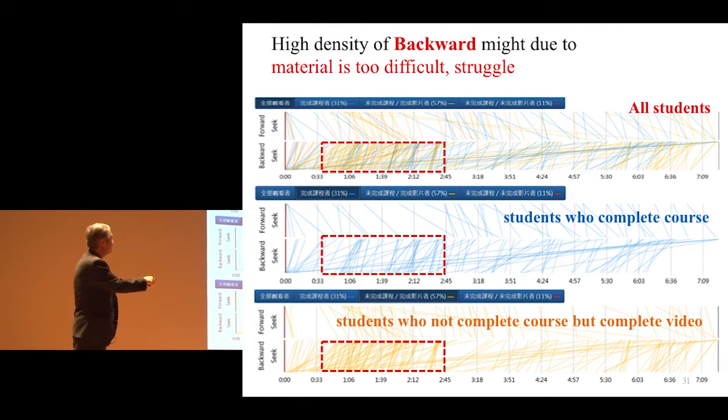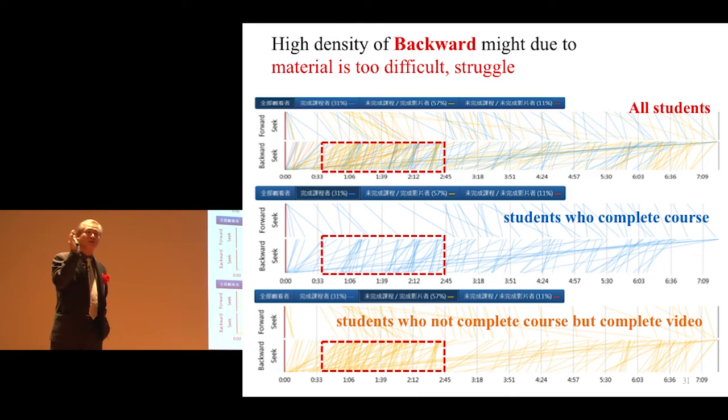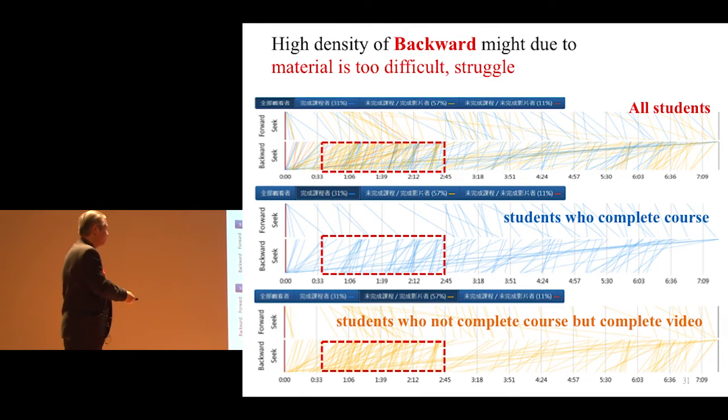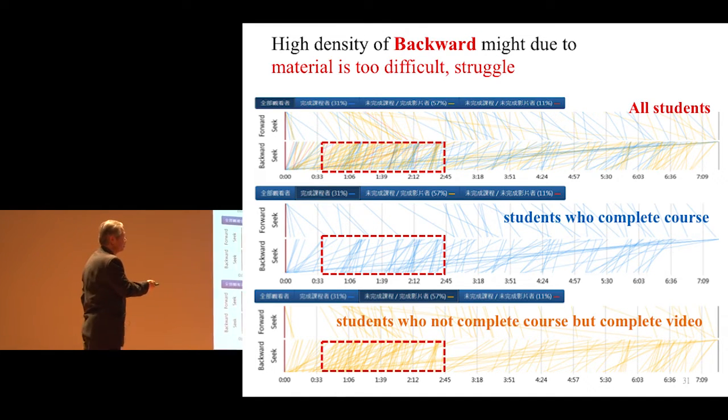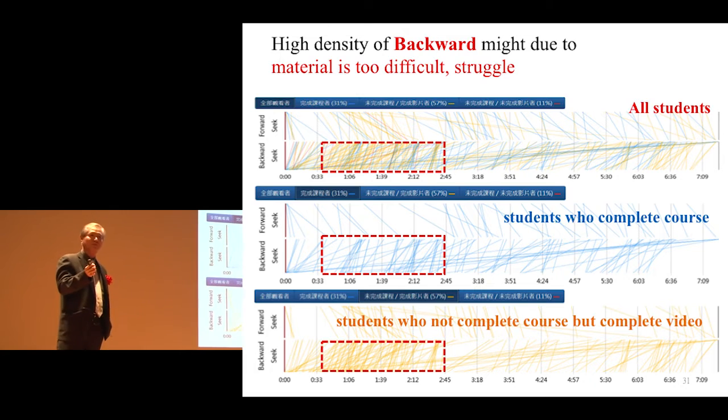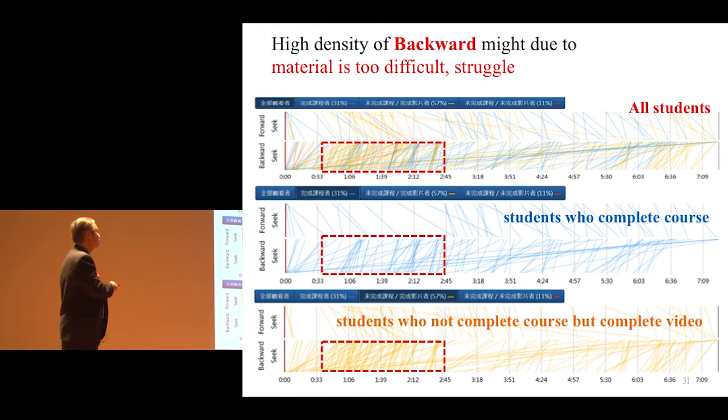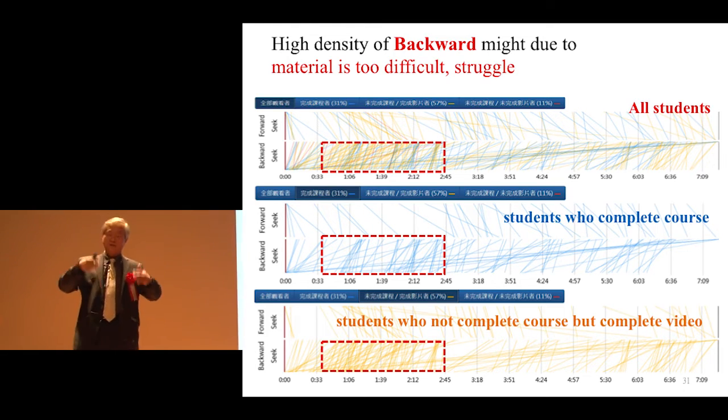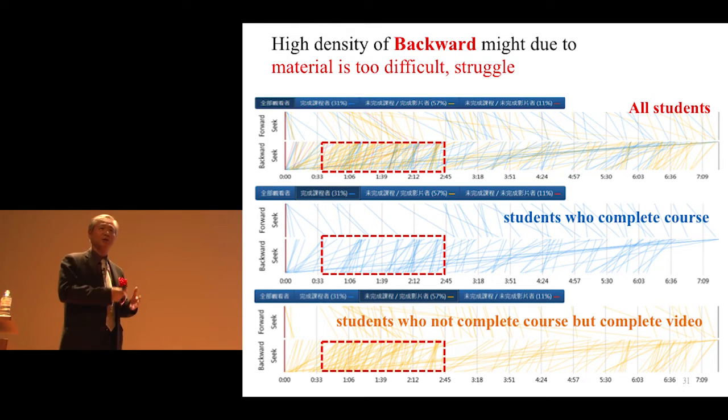When there is a high density of backward, that means there must be something interesting. And the students who do not complete the course are the major contributors to this. And students who complete the course have the same thing. So it is probably due to the material being too difficult. For all the students, they involve lots of backward because they need to read again and again.